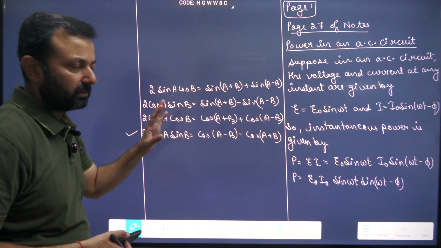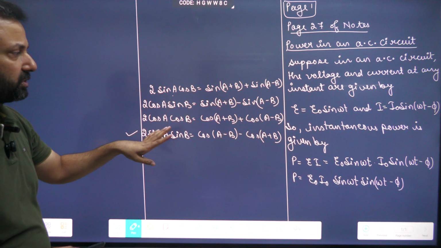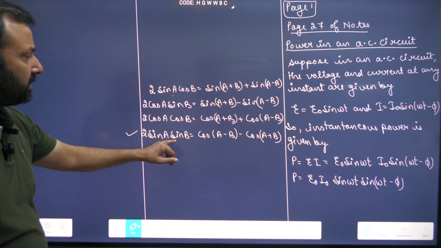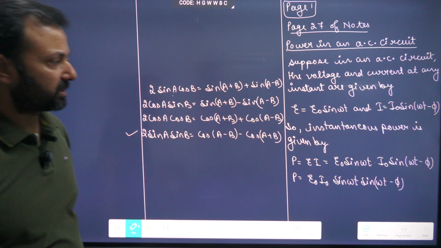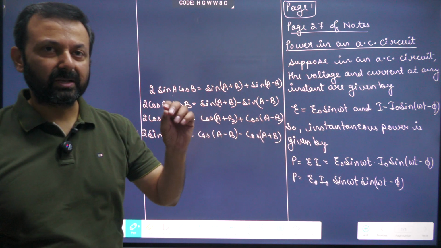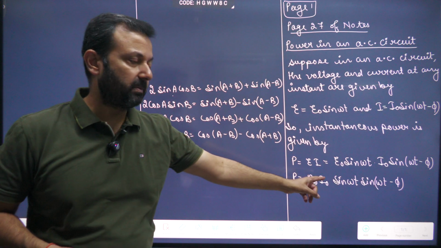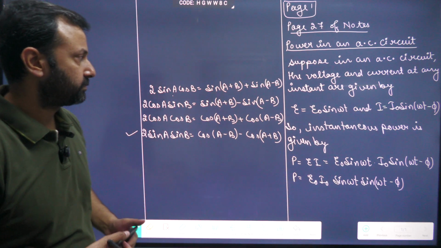So these are the four formulae which we use in mathematics. 2 sin A sin B is cos A minus B minus cos A plus B. So I have sine multiplied by sine, which means I can make use of this last formula. I will multiply by 2 and divide by 2.